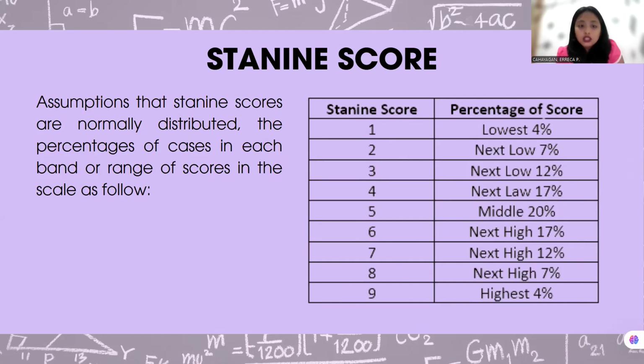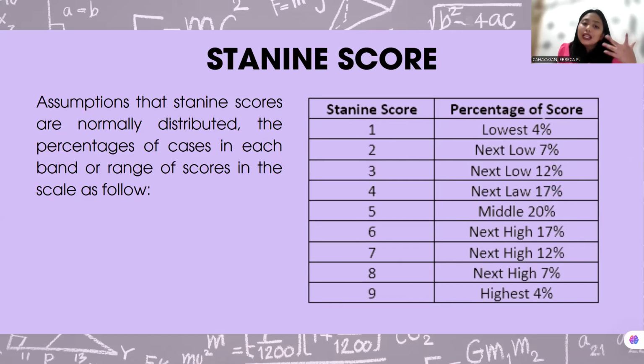As we can see in the table, it simply arranges the stanine scores from lowest to highest, with the following percentage directly assigned to the appropriate stanine score.